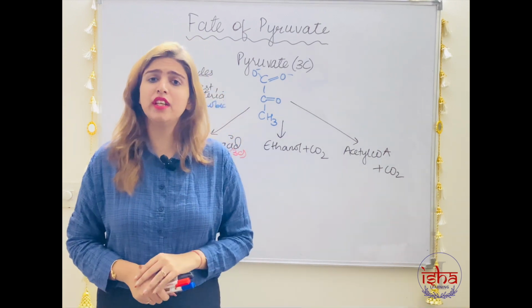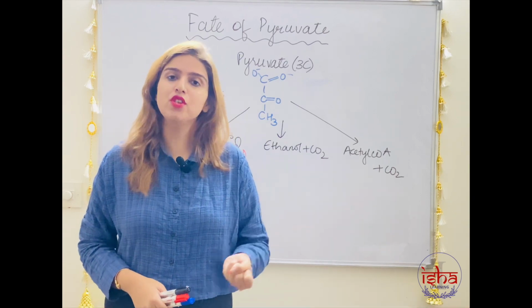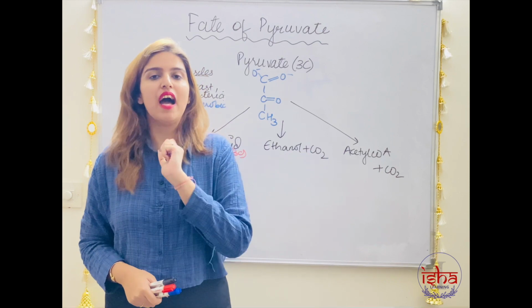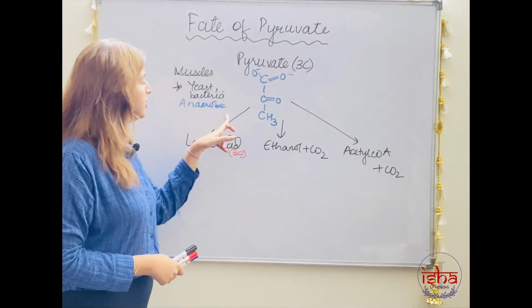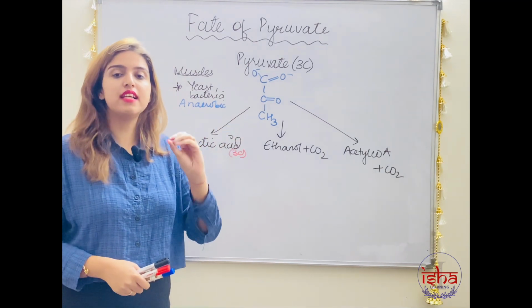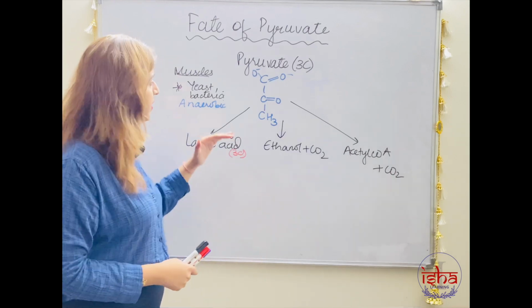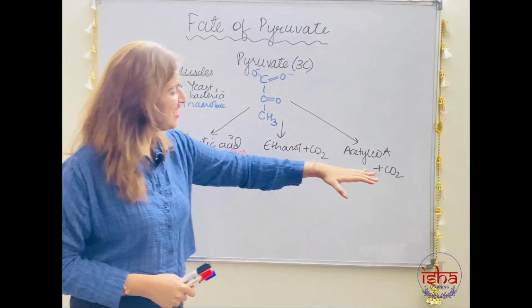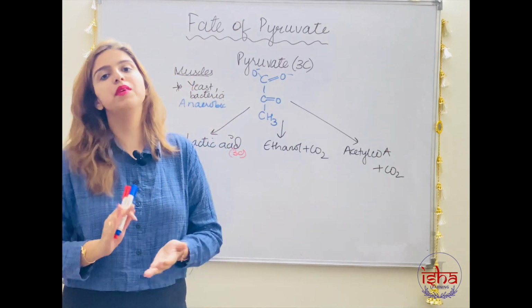You are not used to running that much. Your muscles are not used to taking up that much oxygen. So in the absence of oxygen, in the deficiency of oxygen, anaerobic conditions are established in the muscle. In this anaerobic condition, instead of forming acetyl-coenzyme A, lactic acid accumulates in our muscles.